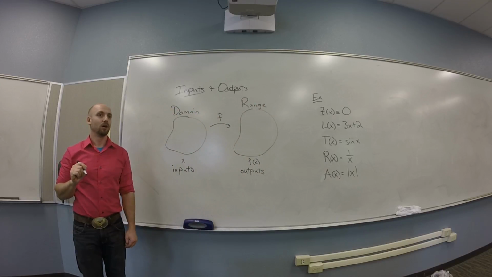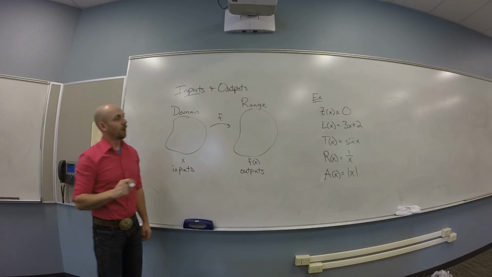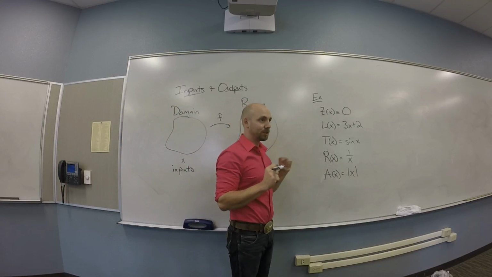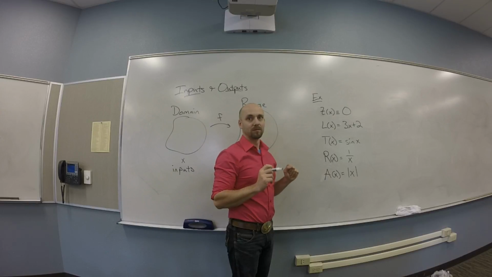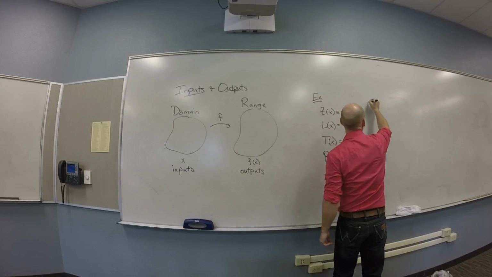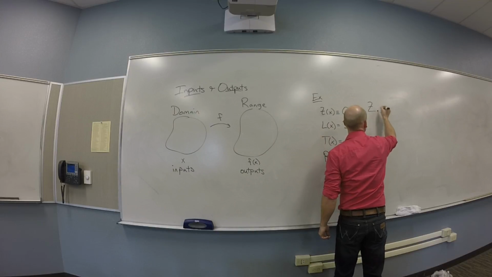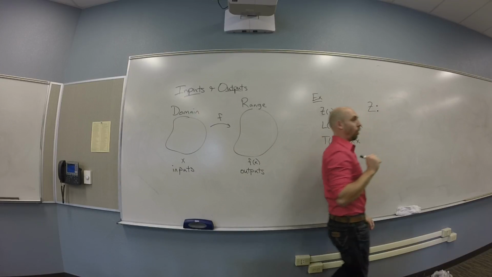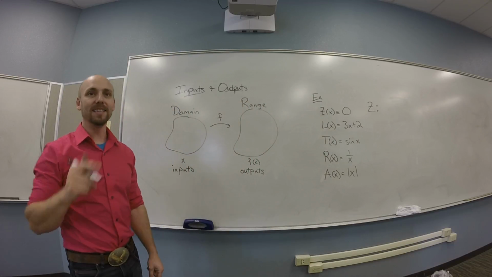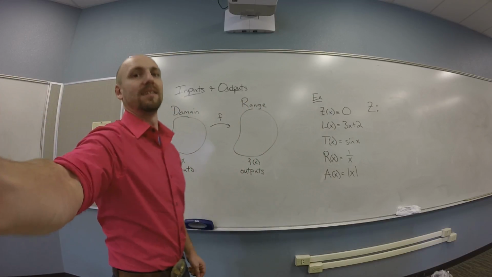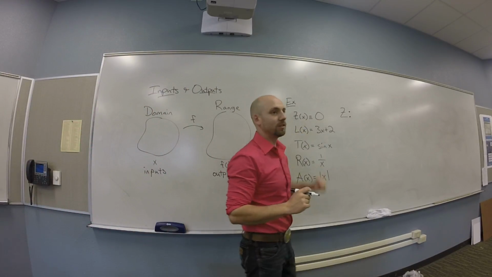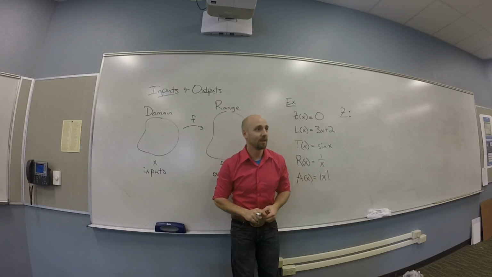Okay, so I would like to consider those things for my examples. I'm going to use some funny notation here. I'm going to say z colon, and what I mean by that is z takes... What kind of things can I fit into this function z of x is 0? Anything.